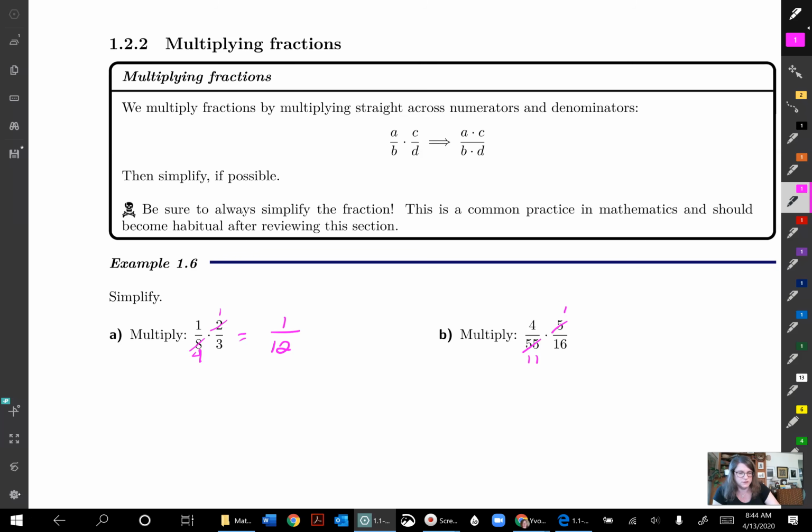You never want to do this when you're adding or subtracting, just multiplying. 4 into 4 is 1, 4 into 16 is 4, and now multiply across top, across bottom, and it comes out much simpler. I can quickly do that in my head rather than having to do all these extra steps of multiplying first and then simplifying. It just streamlines it down. It's already broken apart for you to see the smaller pieces.